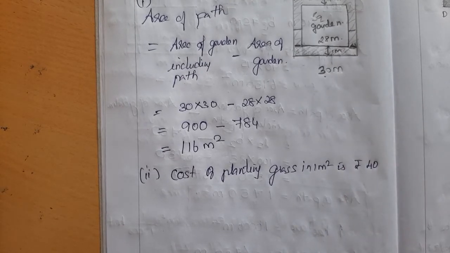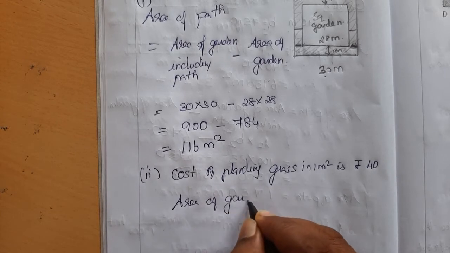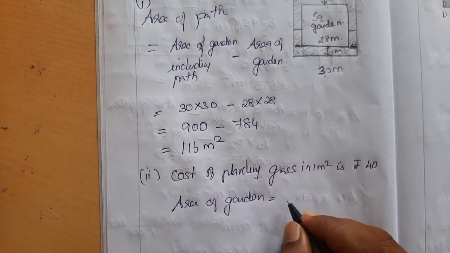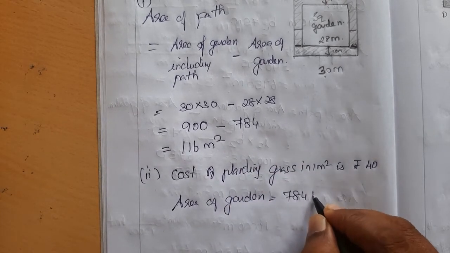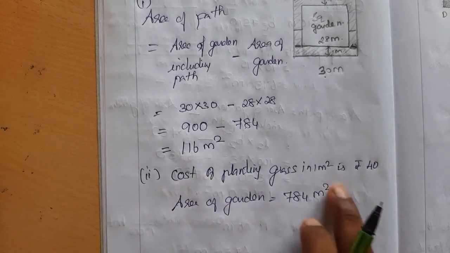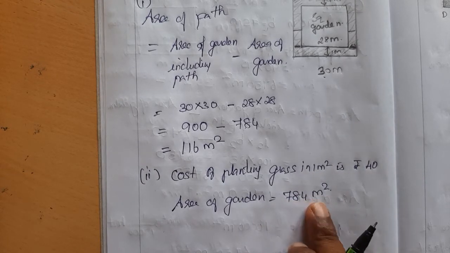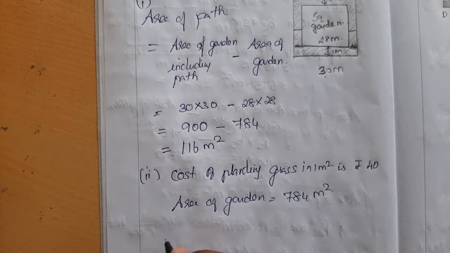So totally how much is the area of the garden? Area of the garden is equal to 784 meter square, right? So for the total 784 we have to pay. So 1 meter square is 40. For 784 meter square we have to multiply.